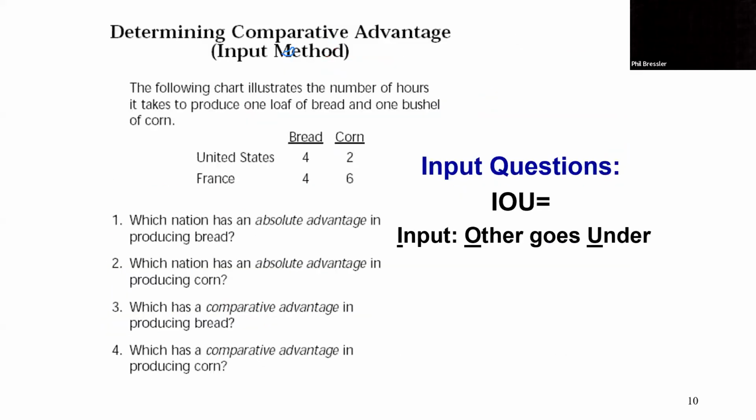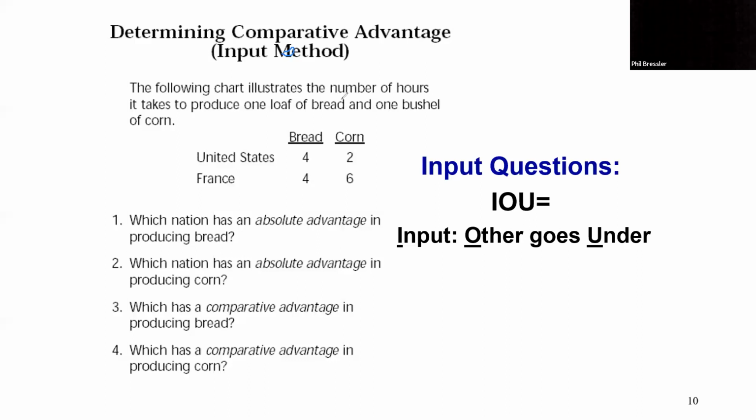Okay, now, how about an input question? Notice I put IOU. Input equals other under. Now you're still going to go for the lowest opportunity cost. So let's do this one together. All right. How do I know it's an input?